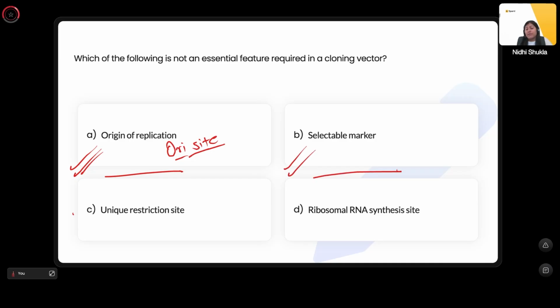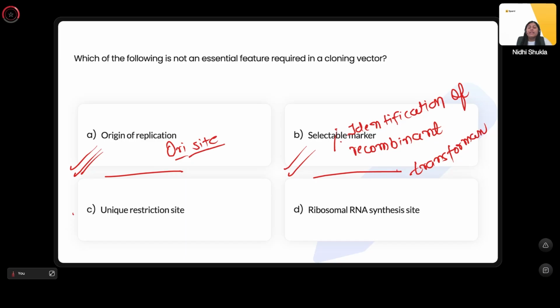Selectable marker, again very important. Why? Because, as we studied, they help in the identification of recombinant transformants. Hence, they are very crucial. Unique restriction site, yes. What is the meaning of a unique restriction site?